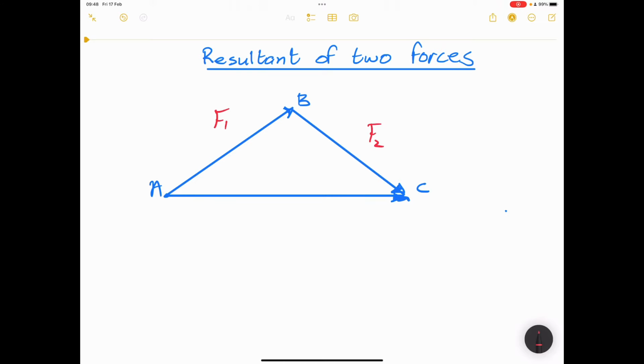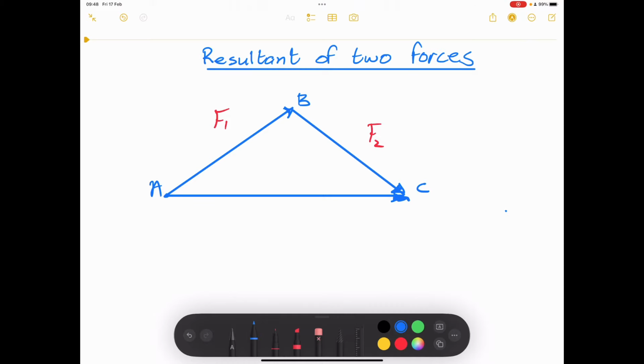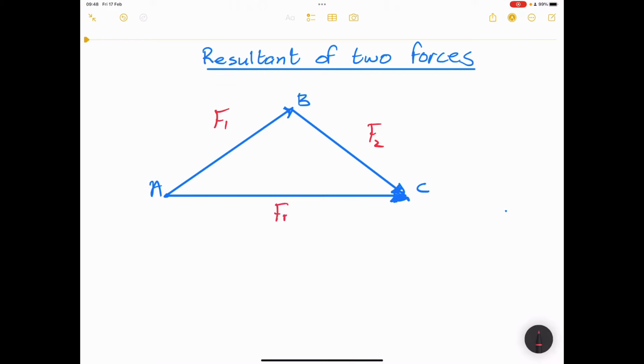Do you see how vector AC would be the resultant of that? Remember, the resultant by definition is a single vector that has the same effect as two other vectors combined. So in this case, this would be our resultant force.